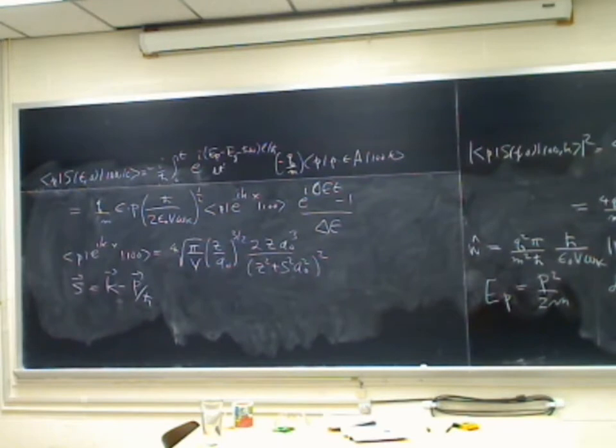And we're not measuring them, we're just summing over them. And so this is 2V p squared dp d omega over (2 pi h bar) cubed.